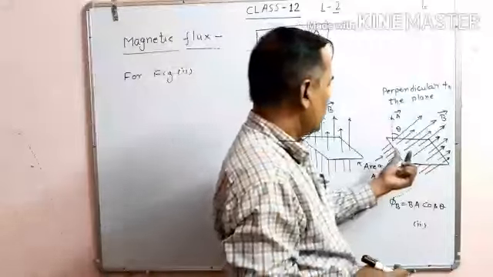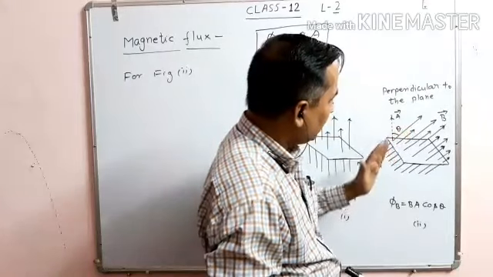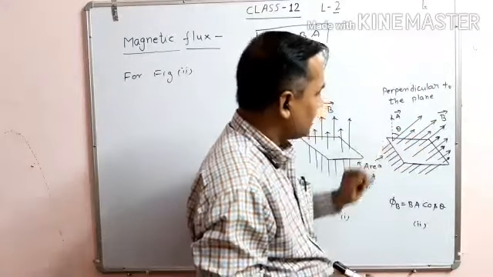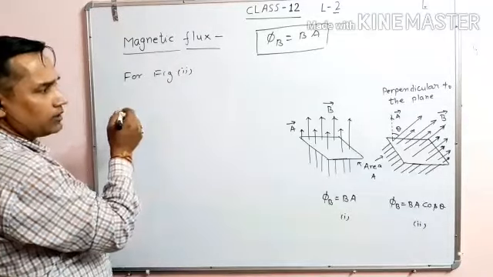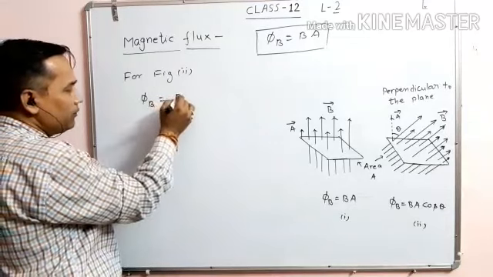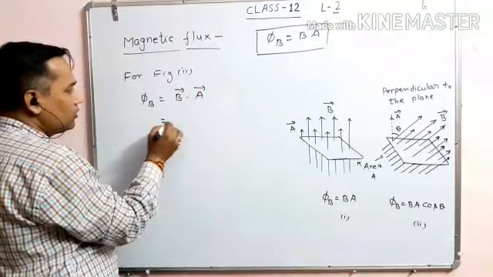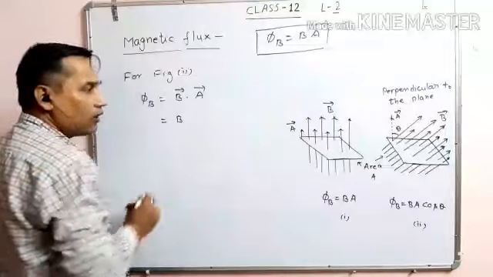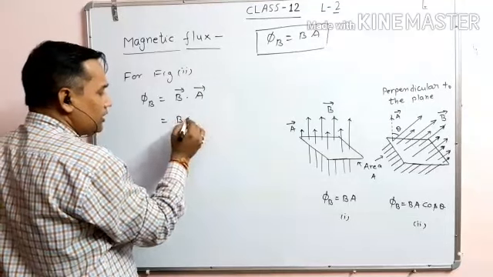in this figure you can see the perpendicular vector A is inclined with vector B by theta. So the inclination between both vectors is theta. By this reason magnetic flux phi b, by definition, is B dot A. So you can write B resolved in two components, one vertical and the other horizontal.